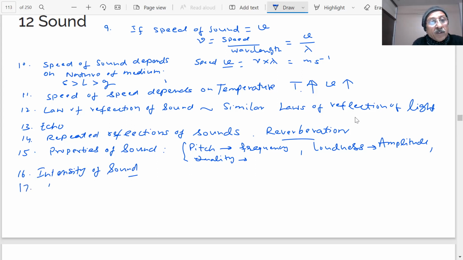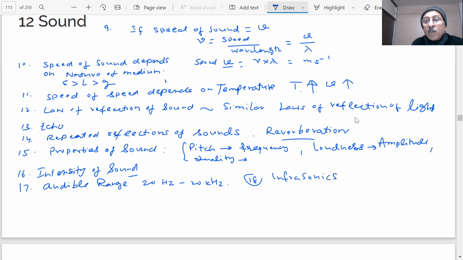Then we discussed audible range. What is the audible range, students? 20 hertz to 20 kilohertz. We talked about infrasonics. What are infrasonics?